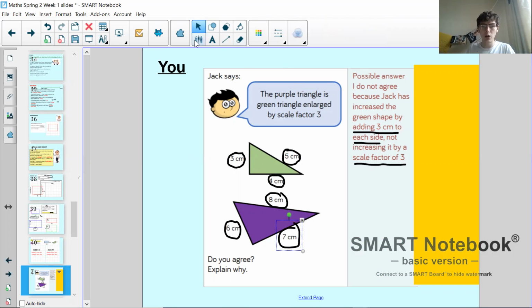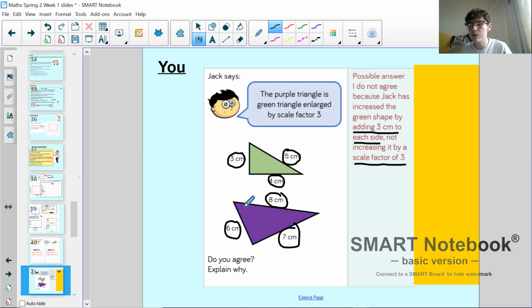There we go. So if we look at our first one, 3 to 6, and we think about how would we get from 3 to 6, okay, we double it, which is increasing by a scale factor of 2, which we immediately think Jack must be wrong because he said the purple triangle is the green triangle enlarged by a scale factor of 3. So straight away we know, but we'll double check anyway, okay? So we'll go to the next one, 4 centimeters to 7 centimeters on the purple one, okay?